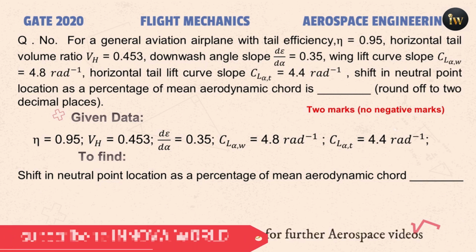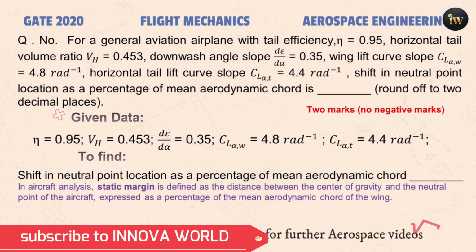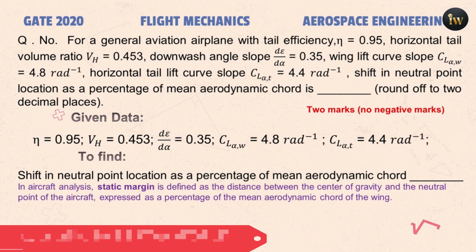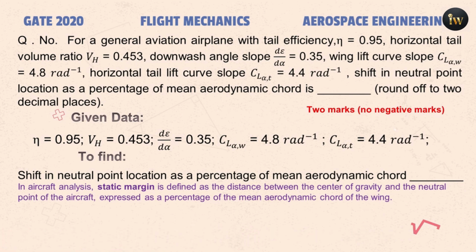Now from here it is clearly stated that what we need is the static margin. Static margin is simply the distance between the neutral point and the actual center of gravity.